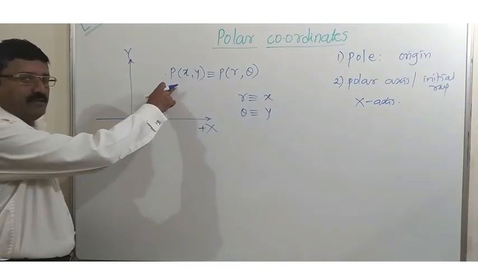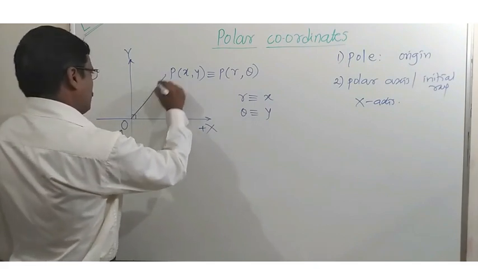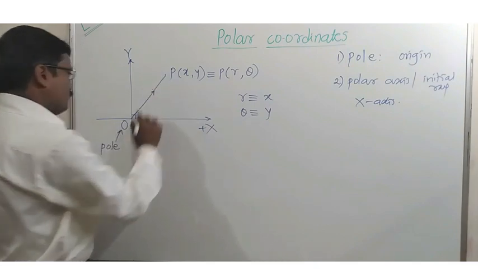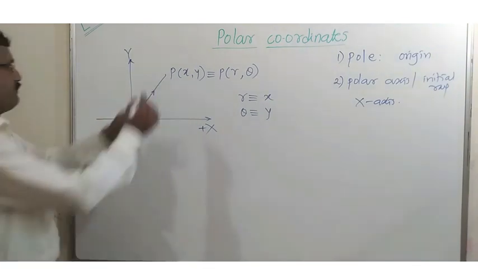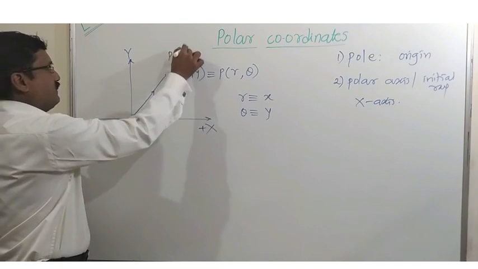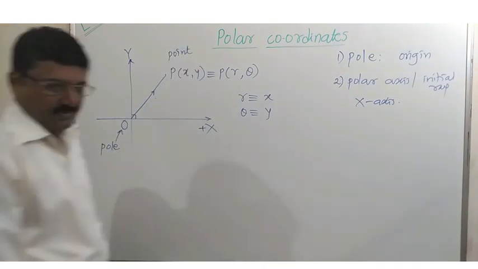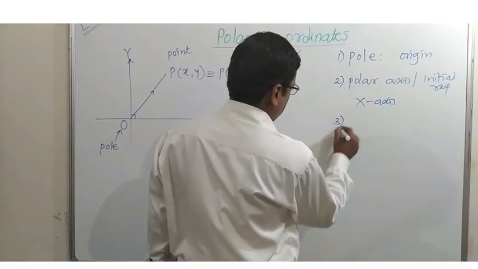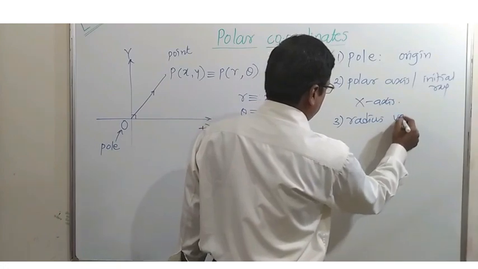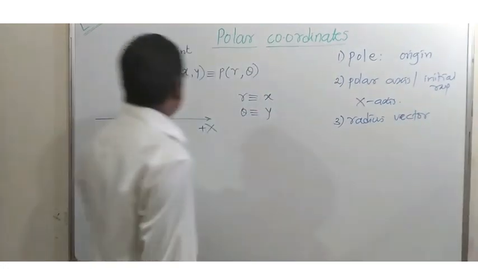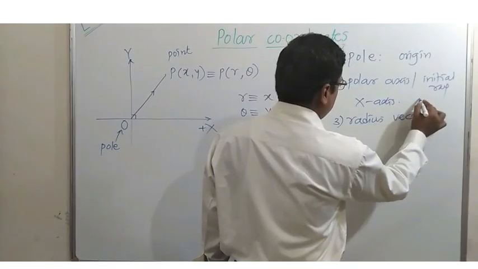If P is any point (x, y), and we draw a segment OP from the origin, that is from the pole, to this point, then this is called the radius vector. So this ray OP is the radius vector, and the polar axis is OX.